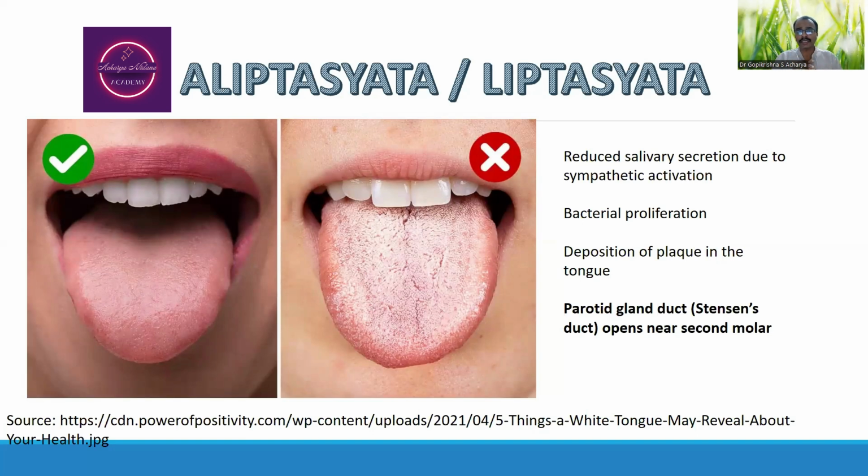Whenever the person is having a digestive impairment, the initial aspect that will be observed is sympathetic nervous stimulation. That will be responsible for decreased secretions in the whole alimentary canal.